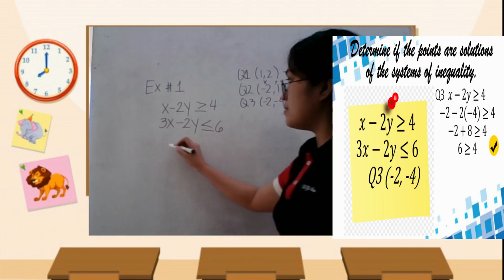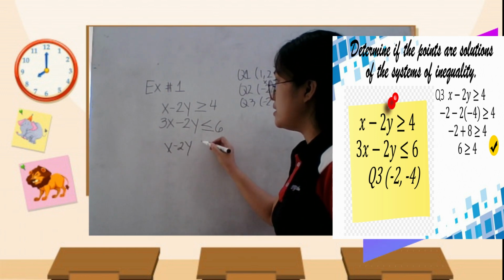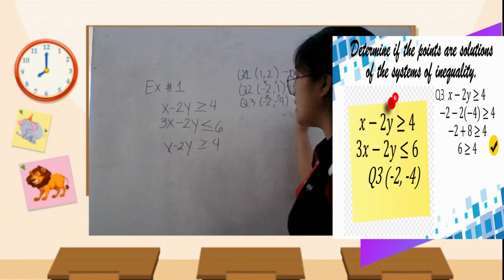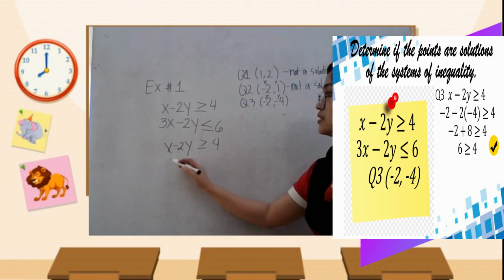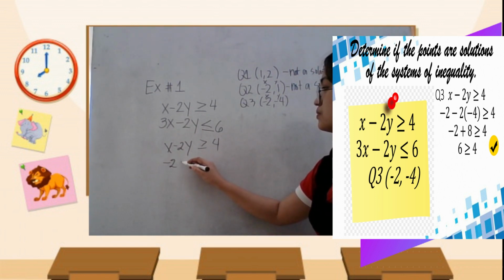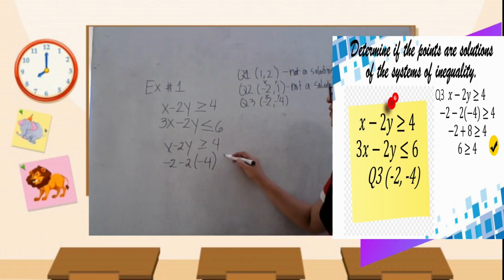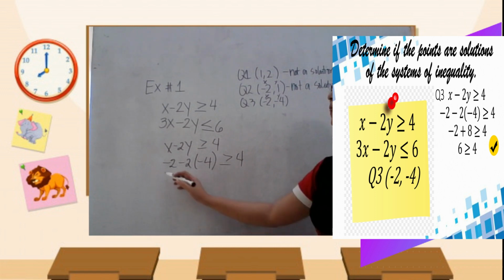So the other point is quadrant 3, which has the point negative 2 and negative 4. Now let us substitute. We have x minus 2y is greater than or equal to 4, and the x would be negative 2, the y would be negative 4. Negative 2 minus 2 times the y, negative 4, greater than or equal to 4.